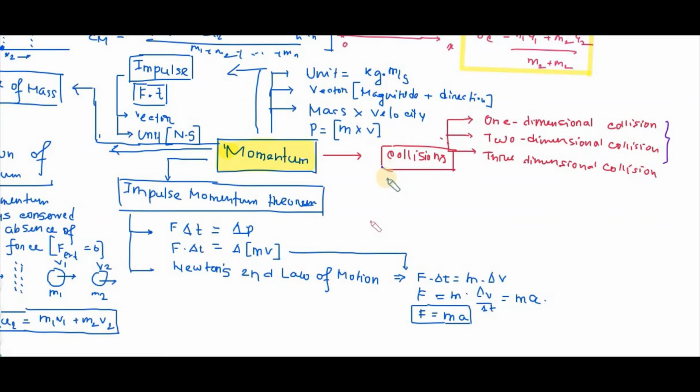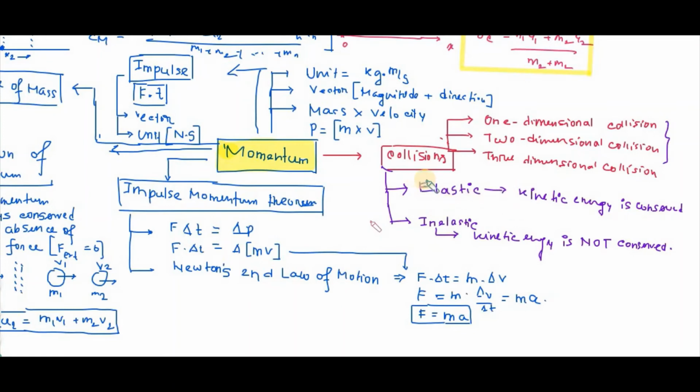Now these collisions can be classified into two ways: elastic and inelastic collisions. In an elastic collision, the kinetic energy remains conserved, and in an inelastic collision, kinetic energy is not conserved.